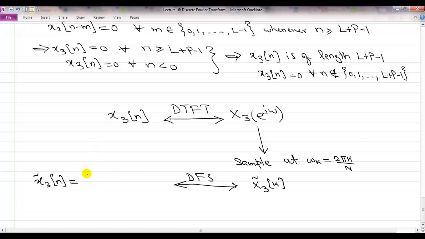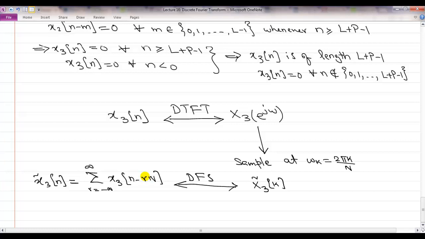So we had talked about that is equal to the sum over r from minus infinity to infinity of x3 of n minus rn. Okay. So that was one of the key expressions that we had derived when we had started discussing the relationship between the discrete Fourier series and the discrete time Fourier transform.